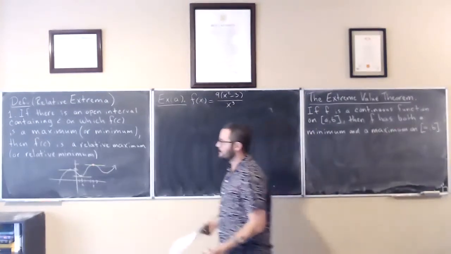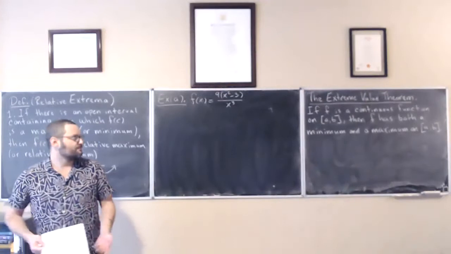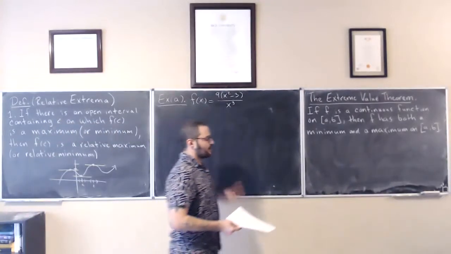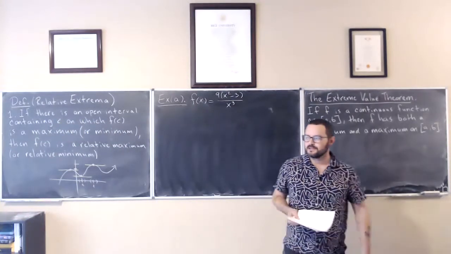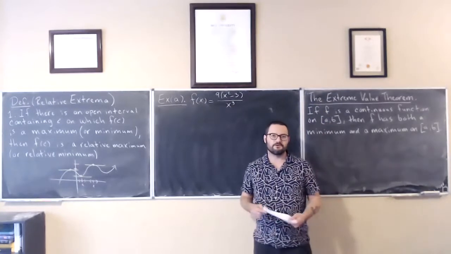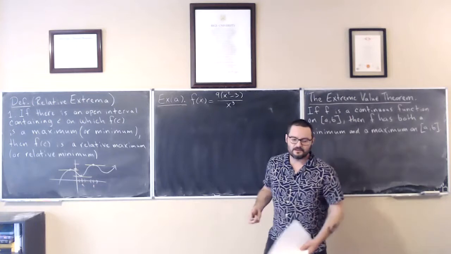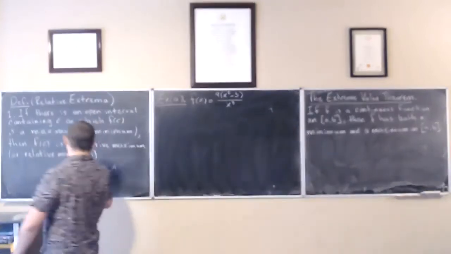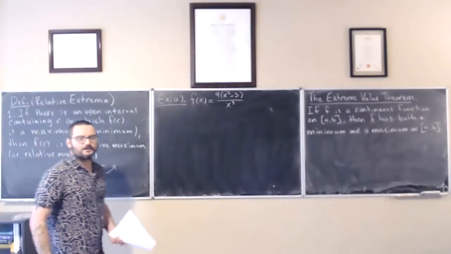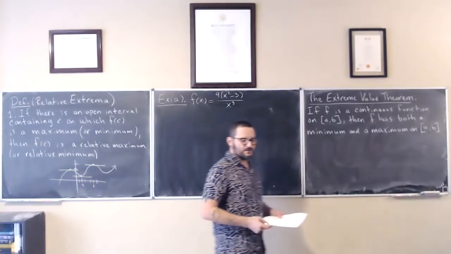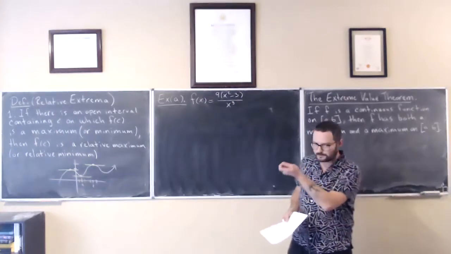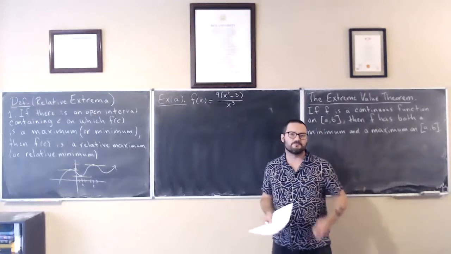So one way to find relative minimum and maximum is to calculate the derivative and then set the derivative equal to 0 and find out the values for x for which that is true. That'll tell you when the tangent line is flat like that, which will tell you that there is some small interval where you have a relative min and relative max.